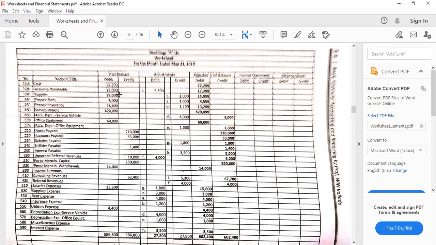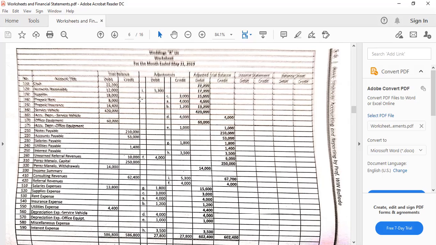For accounts receivable, as an example, there is a debit adjustment, so accounts receivable is an asset with a debit balance of 12,000 plus 5,300, that's 17,300. For supplies, that's 18,000 at the beginning, but there is an expense portion of 3,000, so the ending balance is 15,000. Okay, so same steps.